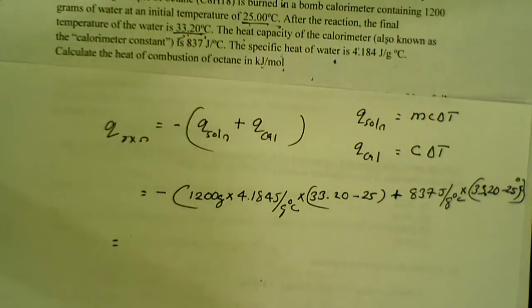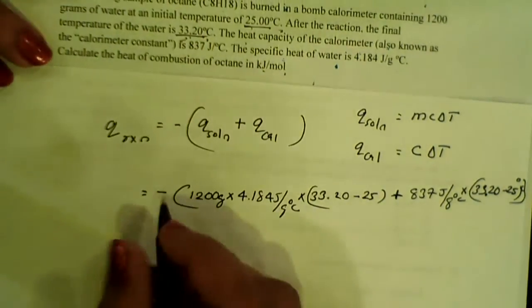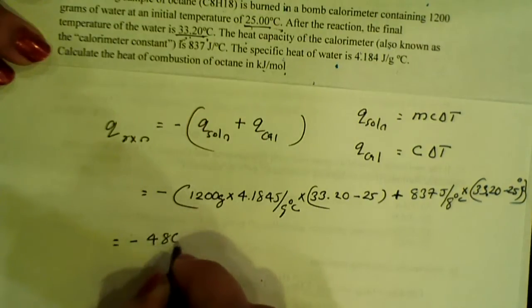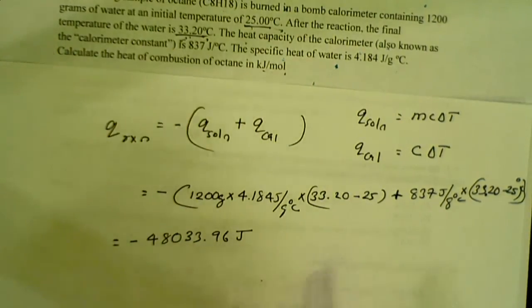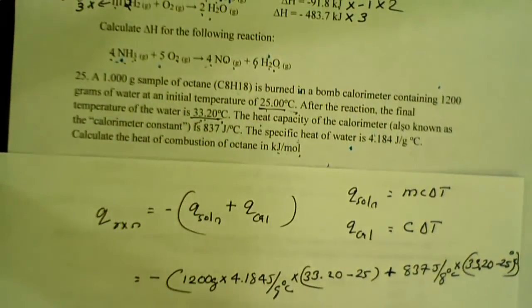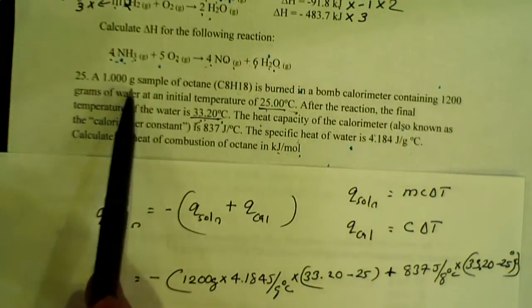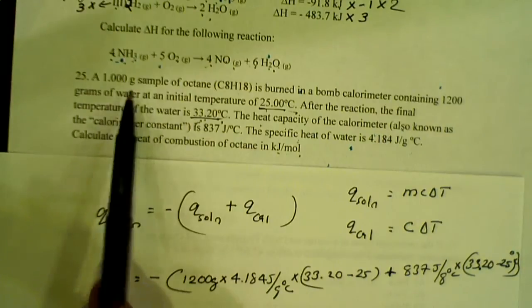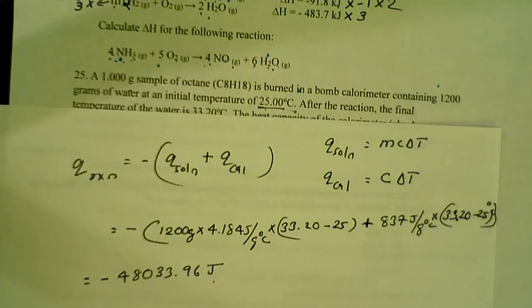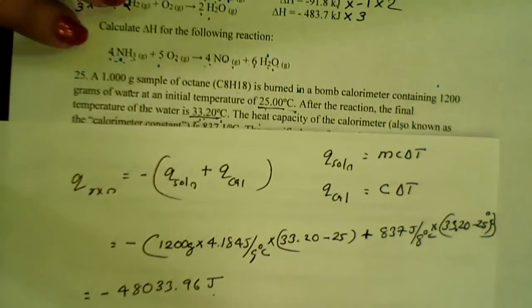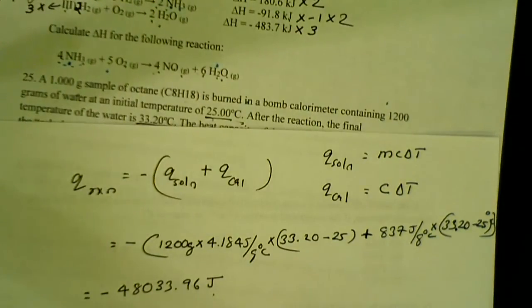So after the calculation, you will get an answer: negative 1200 times 4.184 times (33.2 minus 25) plus 837 times (33.20 minus 25), which is negative 4833.96 joules.